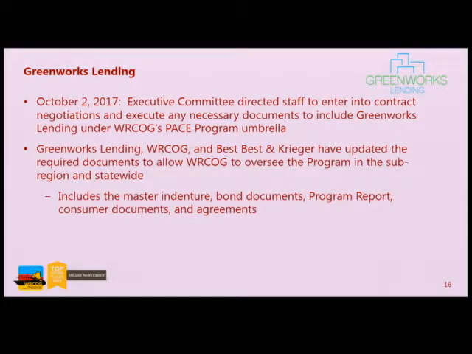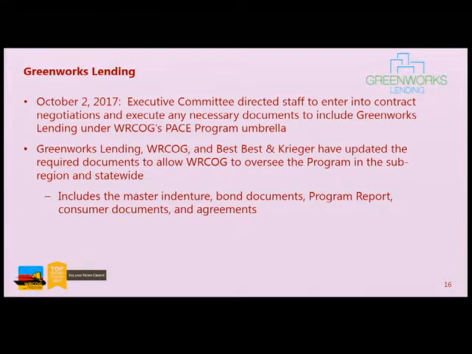Our next item deals with the addition of Greenworks Commercial into WRCOG's PACE program, both at the umbrella level in the subregion and statewide. This past October, the Executive Committee directed staff to enter into contract negotiations and execute the necessary documents so that Greenworks can operate both in WRCOG's umbrella and statewide.